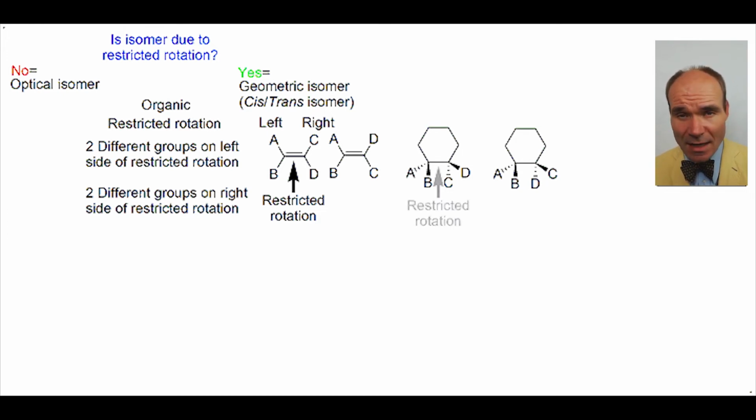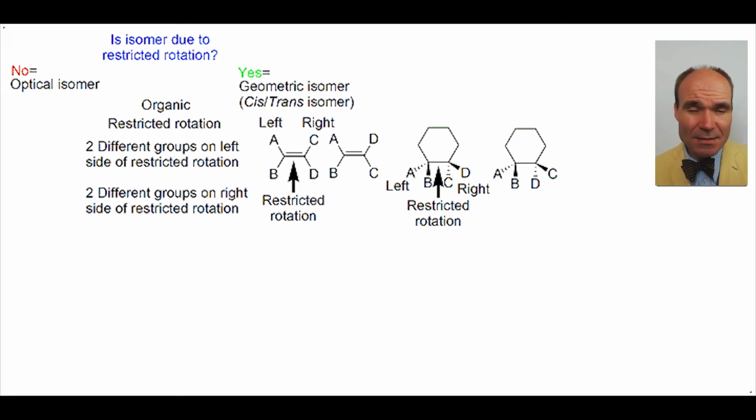For example, here with this cyclohexane, you can spot the same four generic groups as we saw in the double bond case. And again, the difference between the two isomers is that the right groups, C and D, swap places, whilst the left groups, A and B, stay in the same location. It doesn't matter if it's this situation or if it's the left group swapping places and the right group staying in the same location.